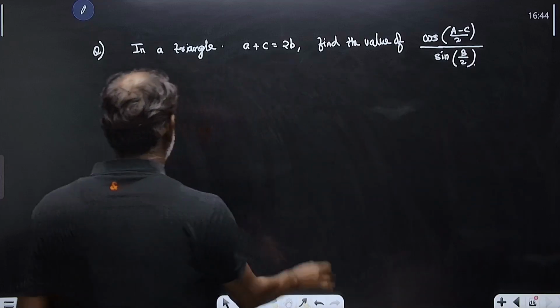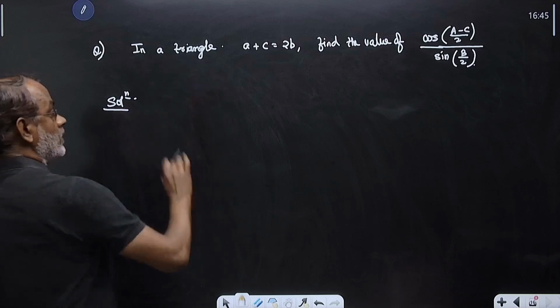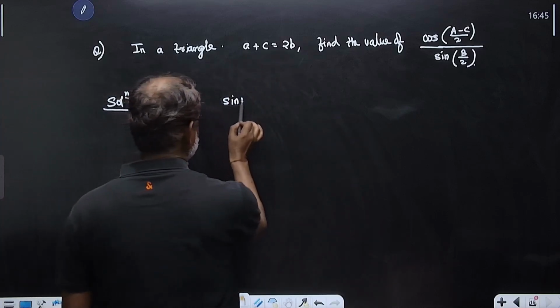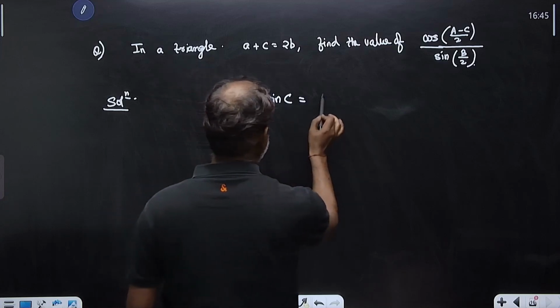Okay. So, how do we solve it? 2r sine A, you can see 2r will appear everywhere and it will get cancelled out.